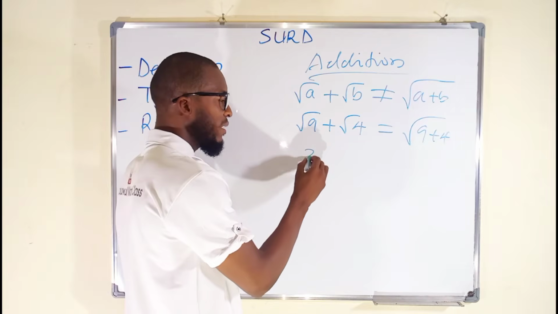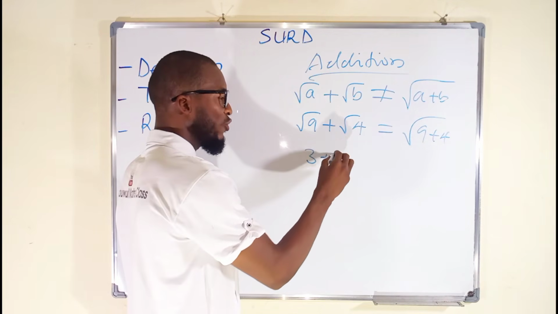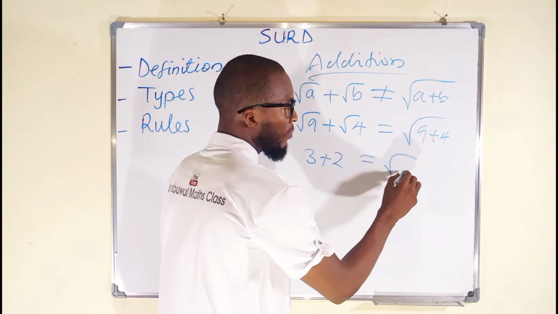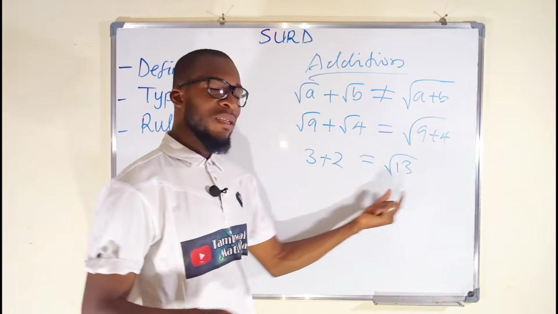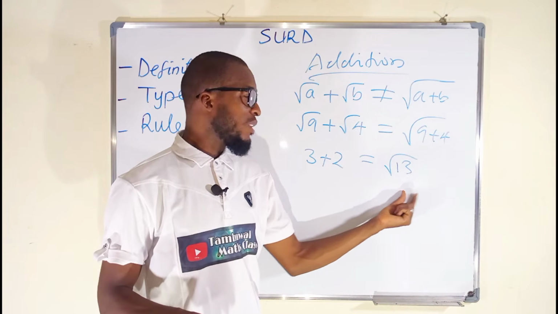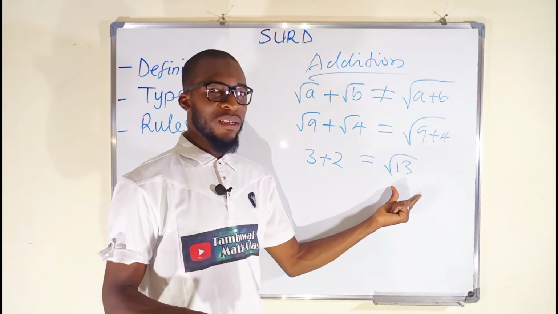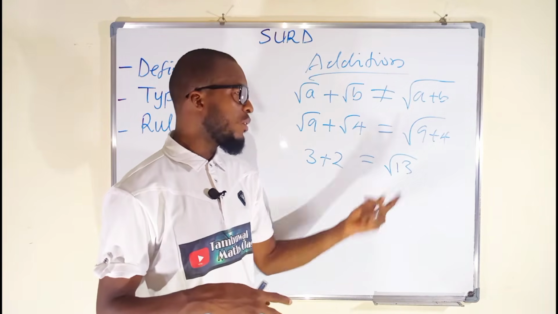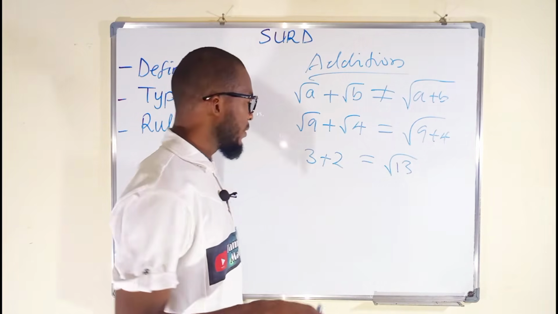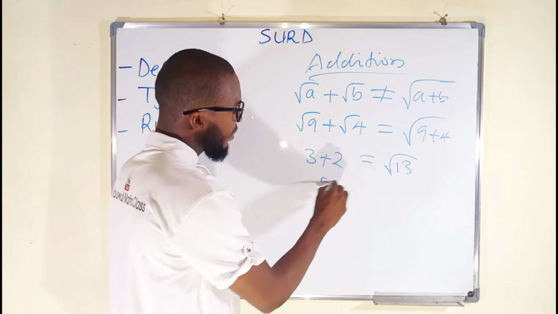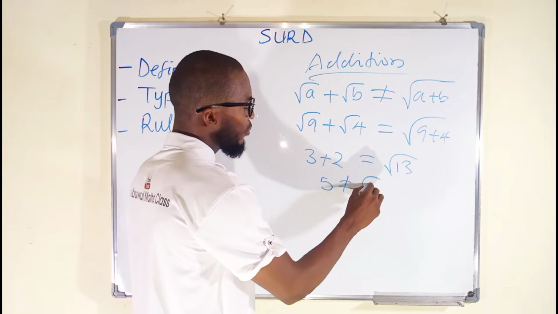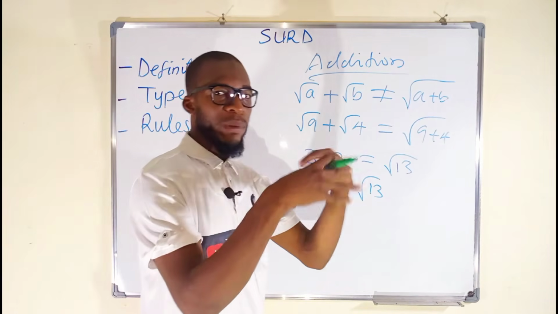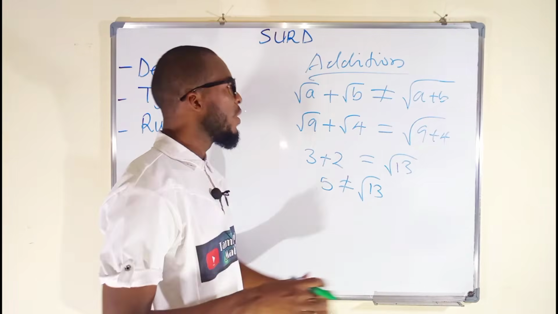Square root of 9 is 3, square root of 4 is 2. Is this equal to square root of 13? 13 is not a perfect square number, so you cannot take the square root of this. It will remain like this, because there are no two exact numbers that you can multiply together to get 13. You can see this is equal to 5, and 5 is never equal to root 13. So please do not join them. If you are talking about addition, do them separately.